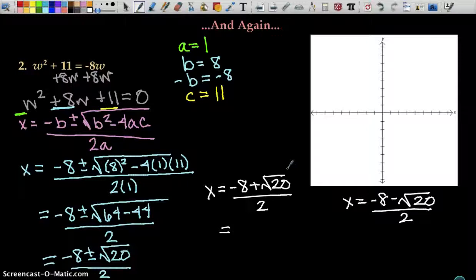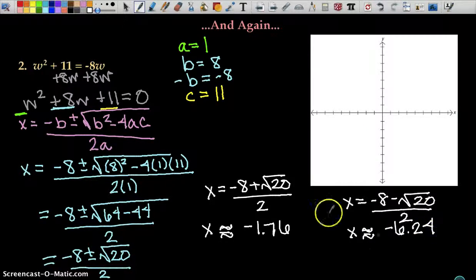So negative 8 plus the square root of 20, simplify that, and then you divide that answer by 2, which gives you approximately negative 1.76, and then our other answer would be negative 8 minus the square root of 20, and then divide by 2, which would be about negative 6.24. Okay, and then you take that, and these are your two solutions.